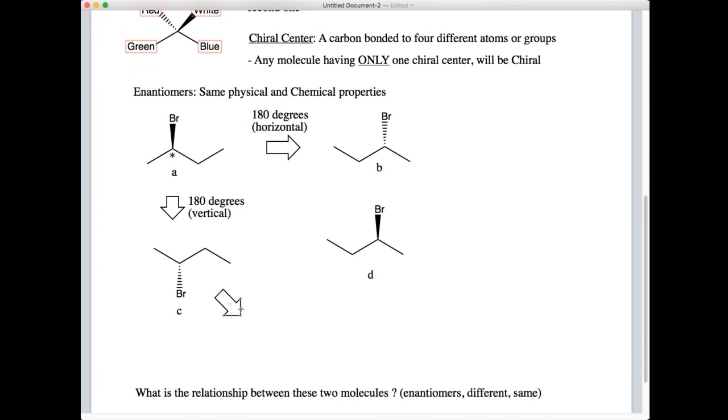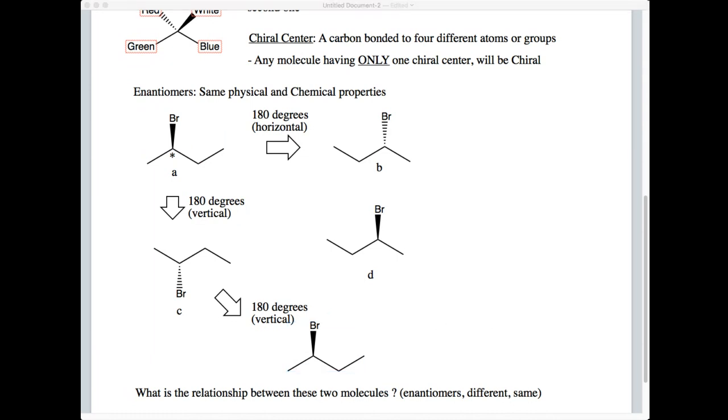You can flip any of them. So you're gonna pick this one on the left. If I flip 180 degrees vertical, I'm gonna get this. Okay. I hope everybody agrees on that.